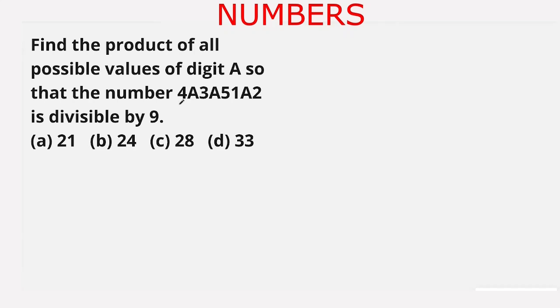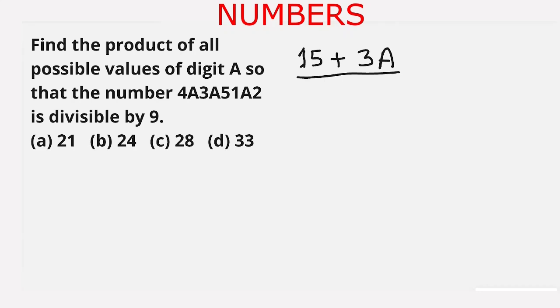So this is 4 plus 3 is 7, plus 5 is 12, plus 1 is 13, plus 2 is 15, plus 3 times A. So the sum is 15 plus 3 times A. This is your sum of the digits. Now we have to put the value of digit A so that 15 plus 3A is divisible by 9.